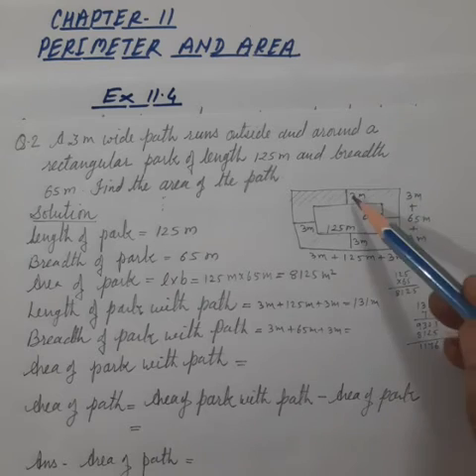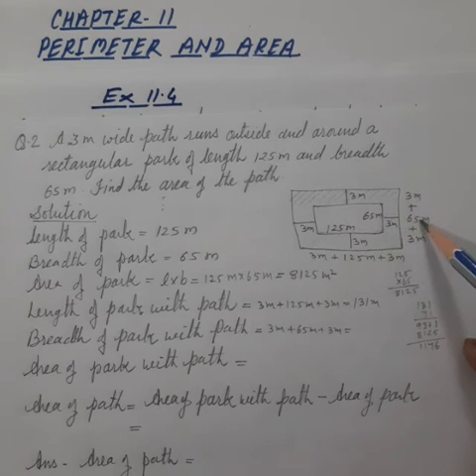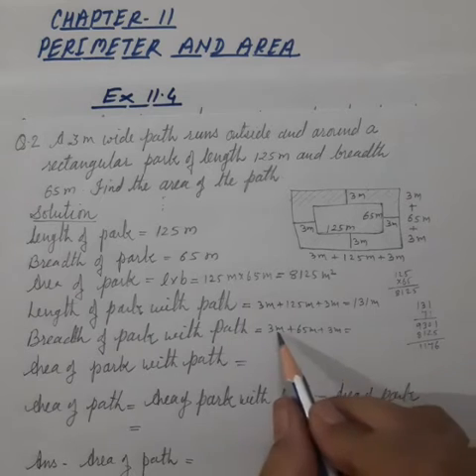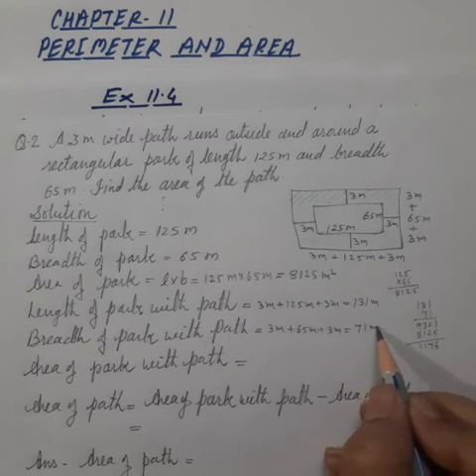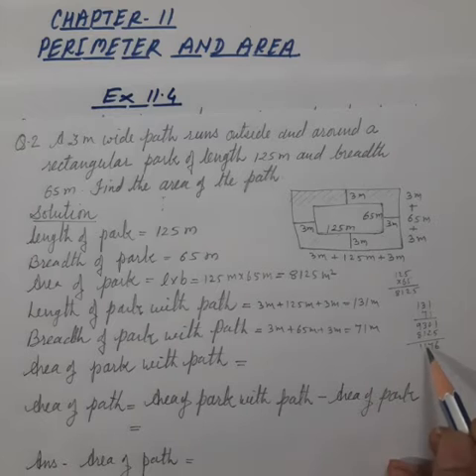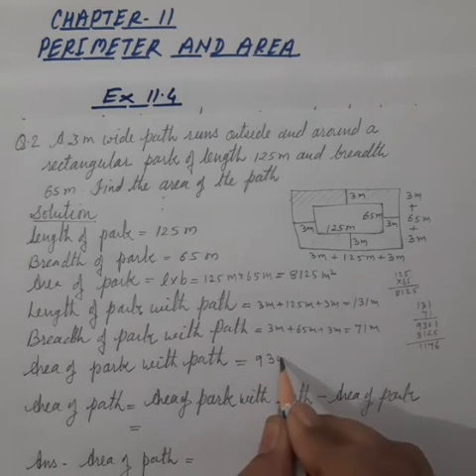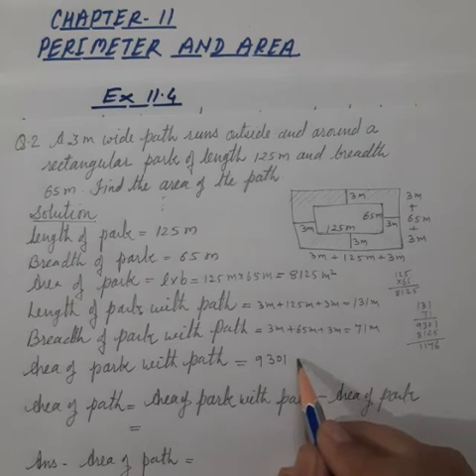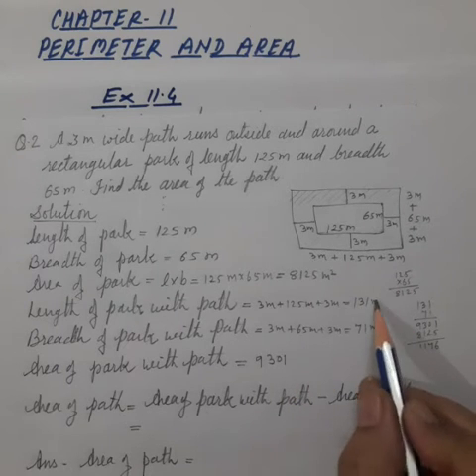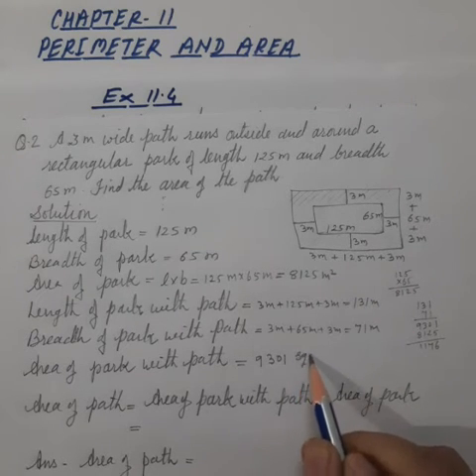And the breadth we get 3 meters plus 65 meter plus 3 meter. So we get breadth here 71 meter. Multiply them. We get here 9301. This is also square meter. Meter into meter, square meter.